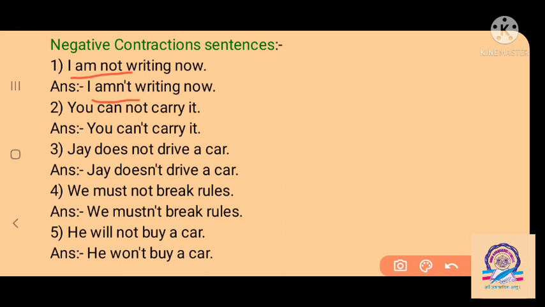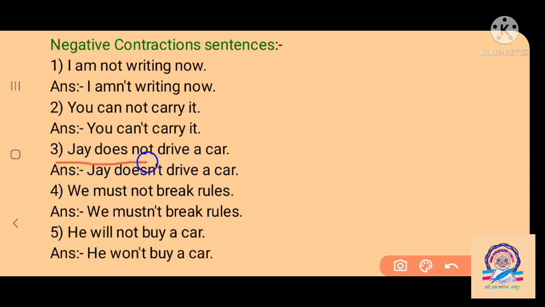So our answer is 'I amn't writing now,' which becomes the short form negative contraction. 'You cannot carry it': cannot changes into can't. So our answer is 'You can't carry it.'